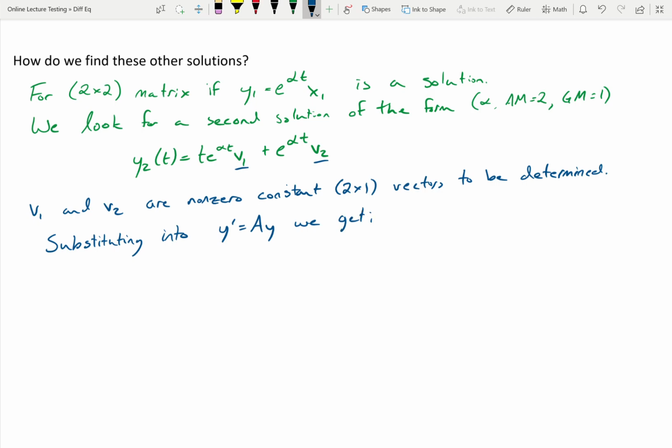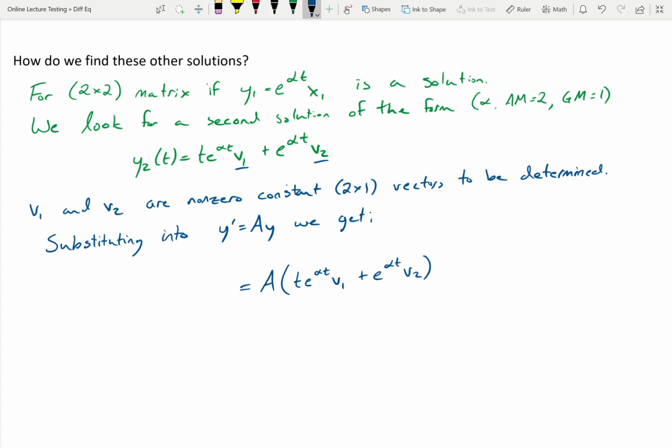On the right-hand side, I'm going to draw the right-hand side first, and then we're going to talk about the left-hand side because there's a lot more to it. We have A times te to the alpha t v1 plus e to the alpha t v2.